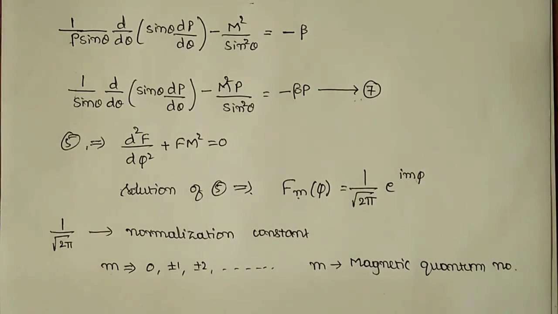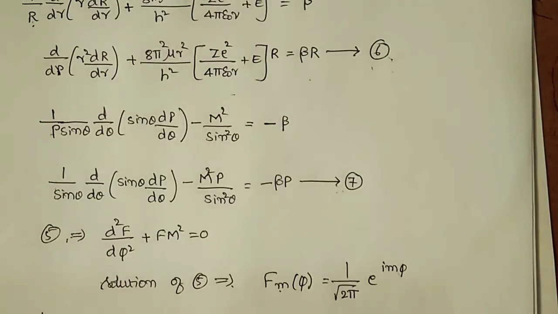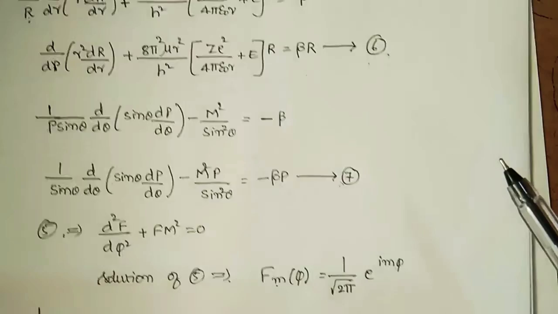Now we shall see what we will get if we solve the remaining two equations, that is equation number 6 and equation number 7. So if you solve equation number 6, what we are going to get, that we shall see.